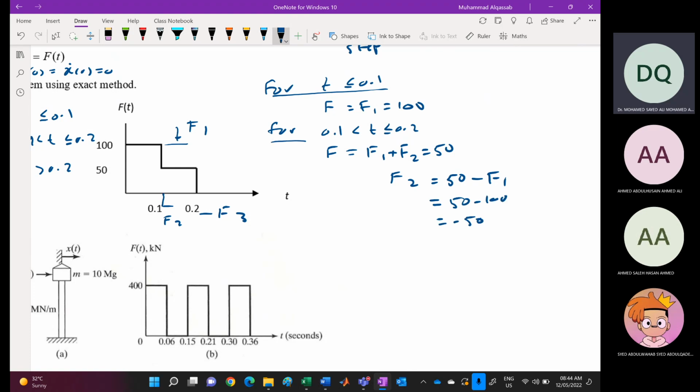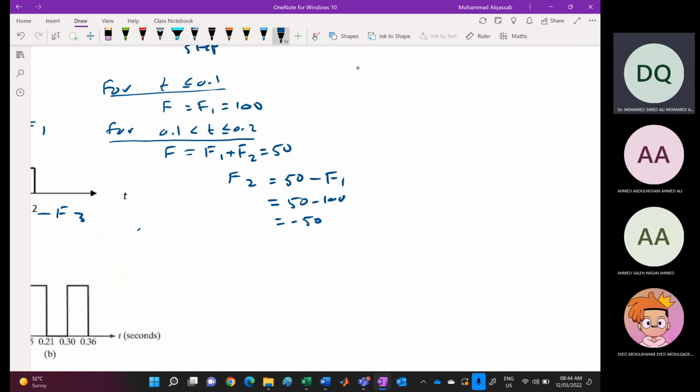And then the final interval. For t greater than 0.2, we have f equal to f1 plus f2 plus f3 equal to 0.